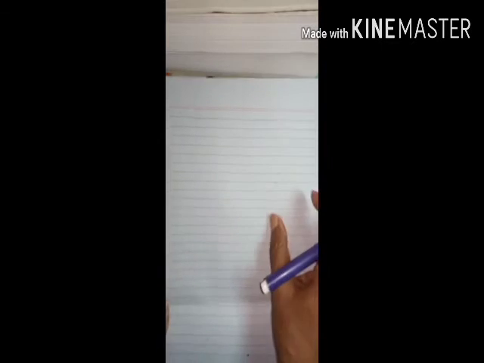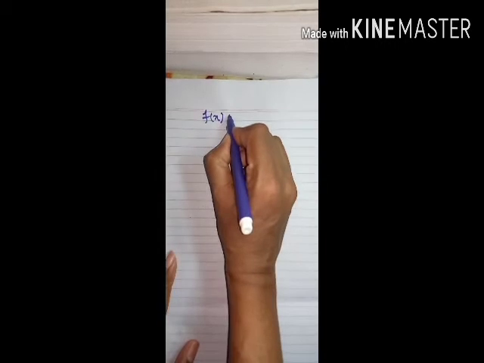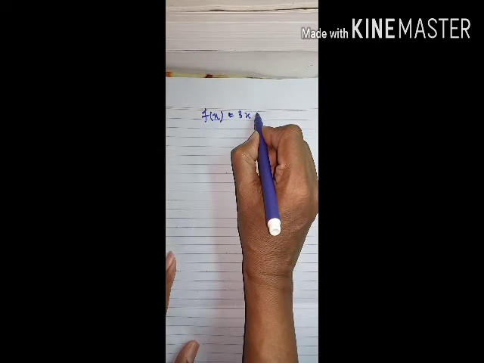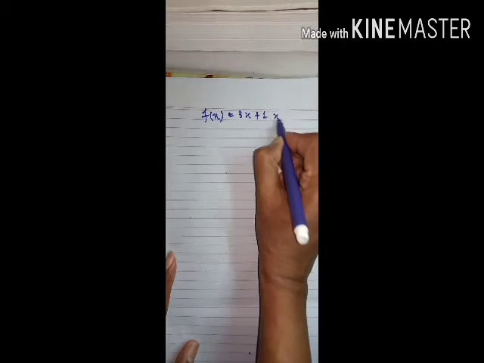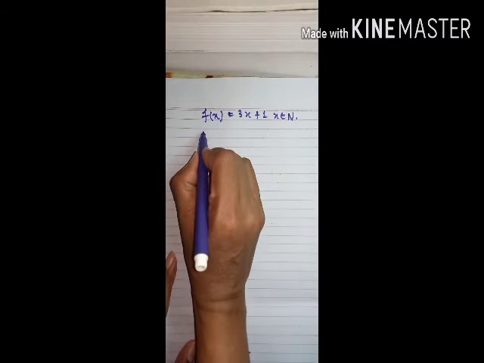Again I am giving another sum. Suppose f of x equal to 3x plus 1, x belongs to N, natural numbers.